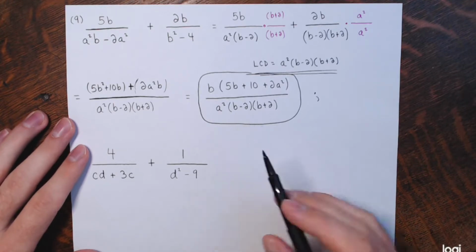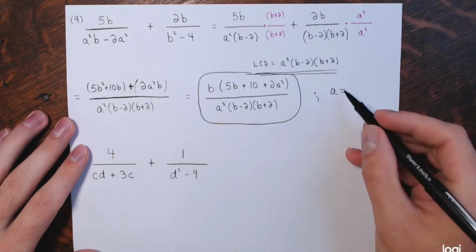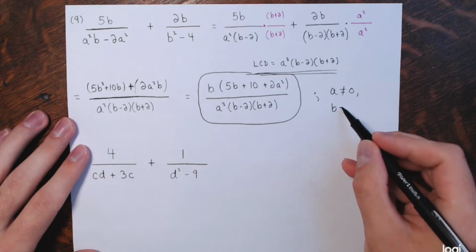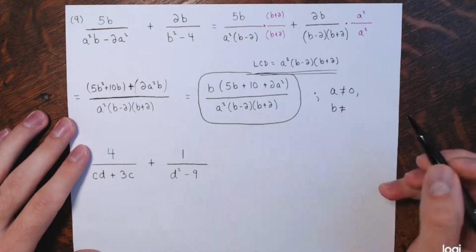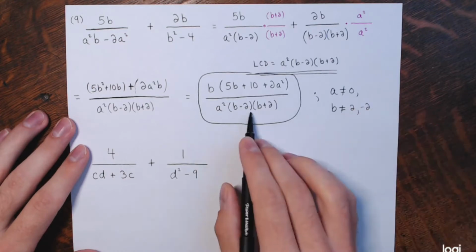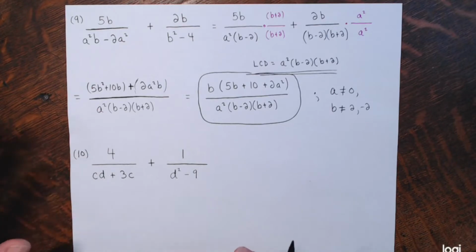As long as a is not 0, because that would make me divide by 0 there. And as long as b is not 2 or negative 2, because I'll make these two factors 0 in the denominator, and I don't want to divide by 0, ever.